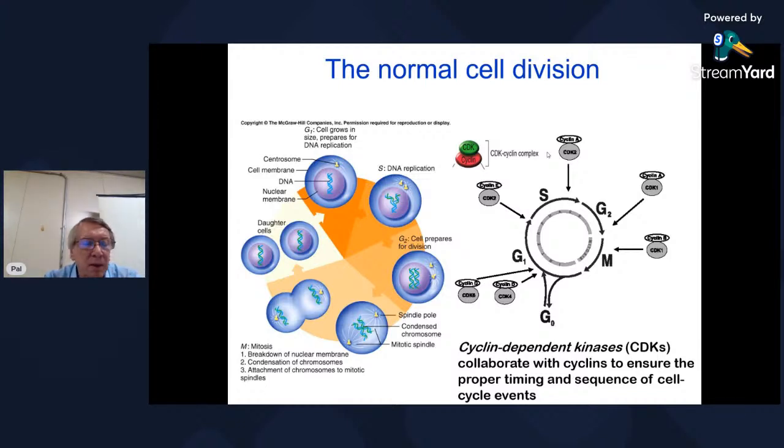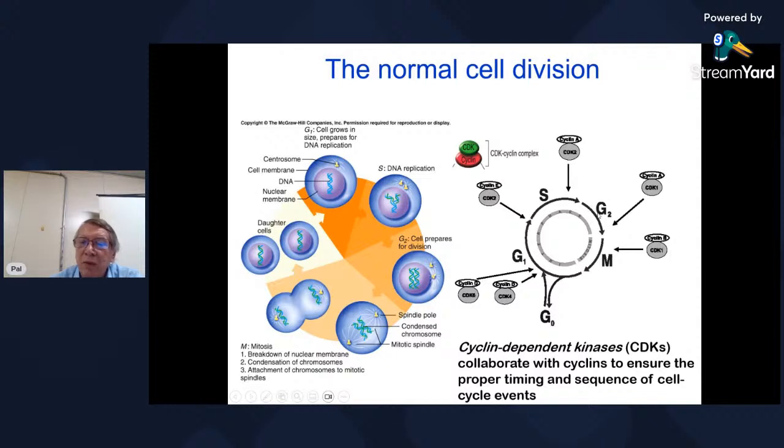The cell cycle is a four-step process in which the cell increases in size, that's the so-called gap 1 or G1 stage, copies DNA. This is the synthesis stage. Prepare to divide.